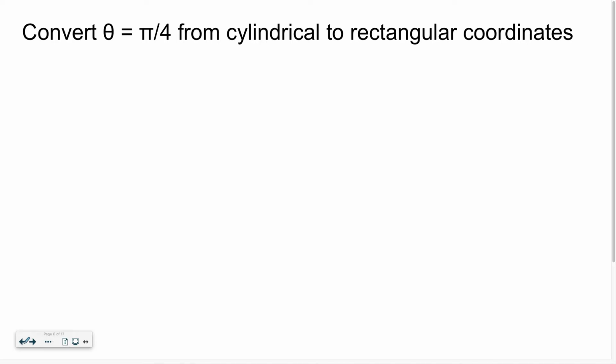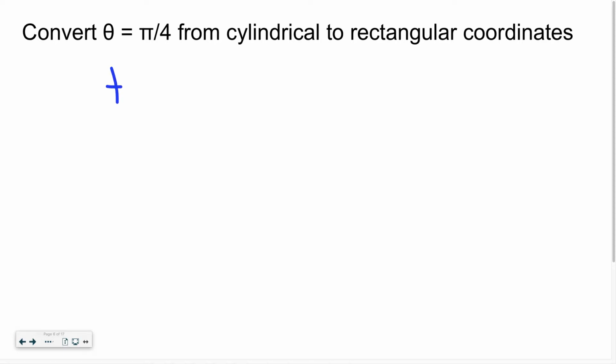Of the conversions I had you write down in the very beginning, which one of those could help us figure out what this is? You had 5 conversions. Tangent of theta equals y over x.